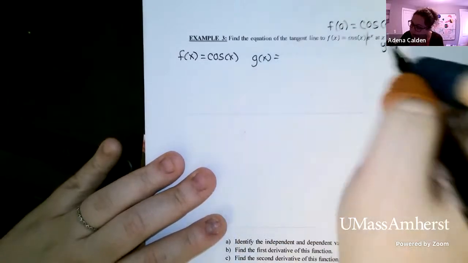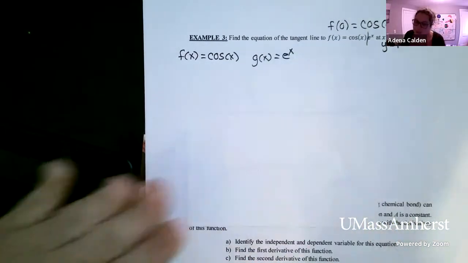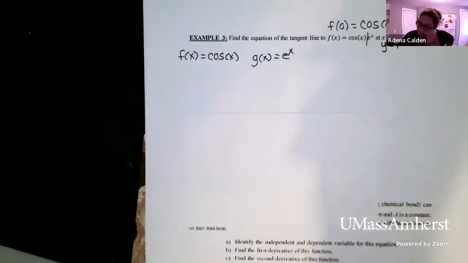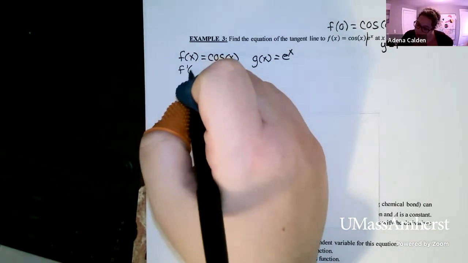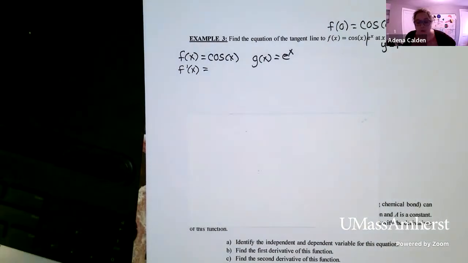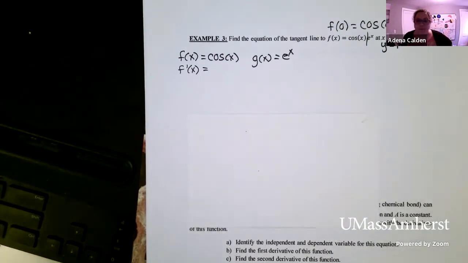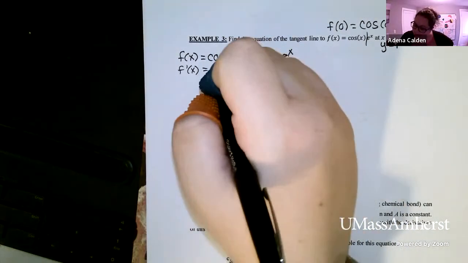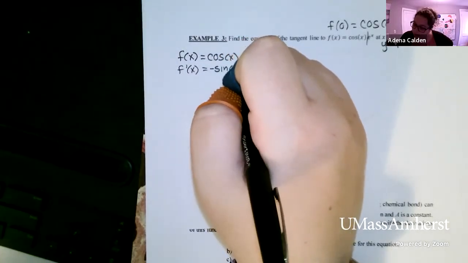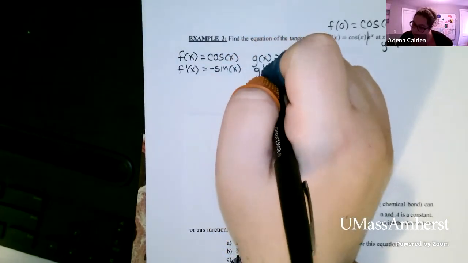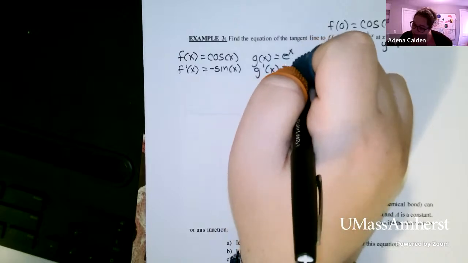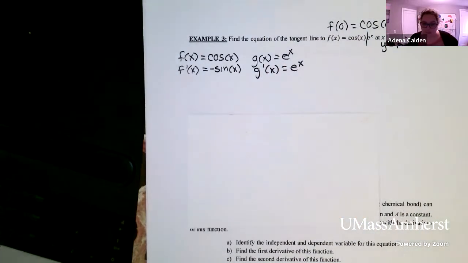My g of x is e to the x. And now I need to find each of their respective derivatives. We know from our derivatives list, the derivative of cosine is negative sine. And the derivative of e to the x is just e to the x again, okay?